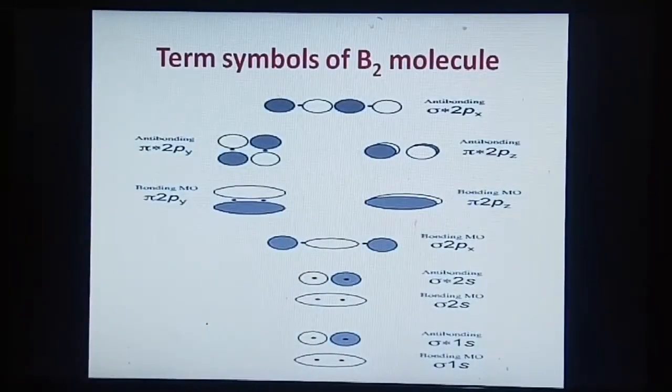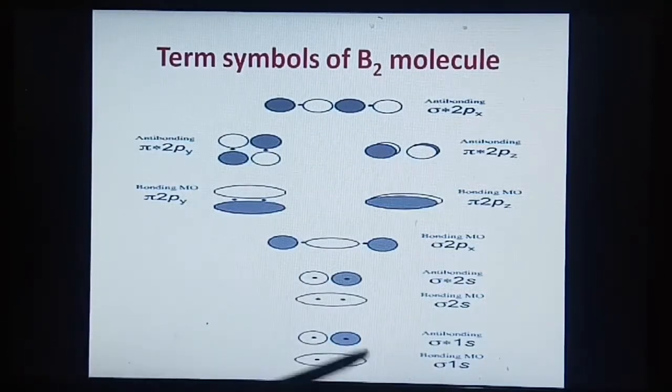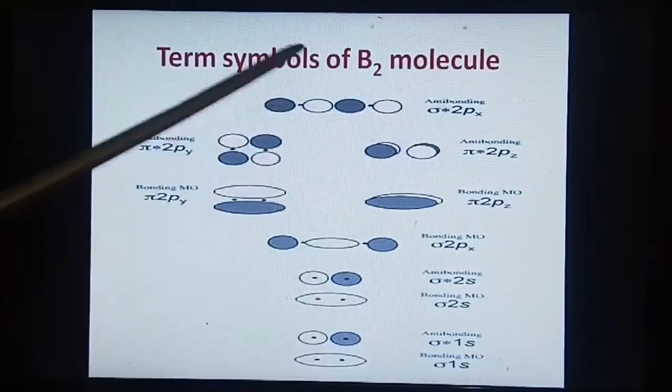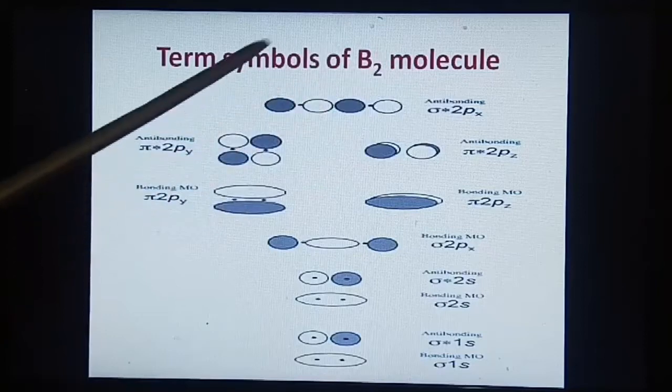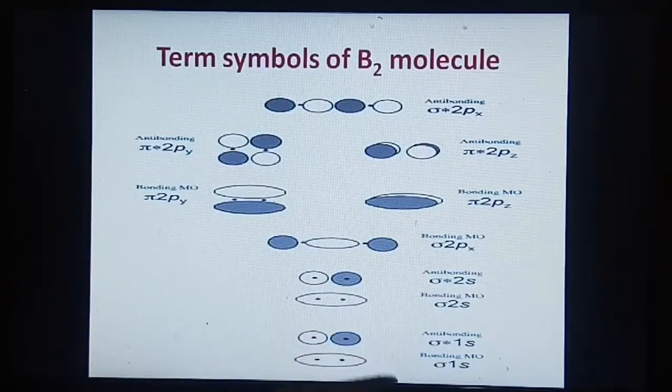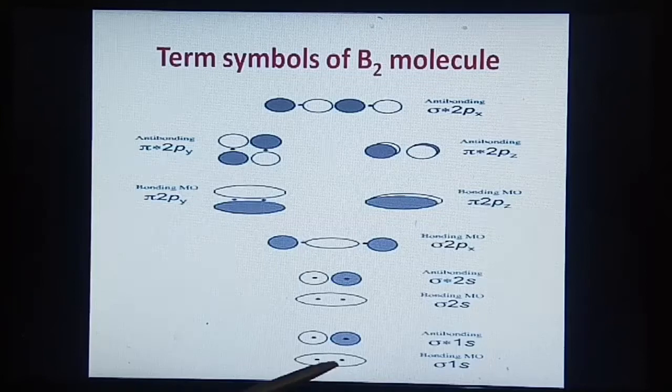Here we can explain all of these taking the hydrogen atom, where both the electrons are here. This is again the molecular orbital diagram of the orbitals. If we explain about H2, then both electrons are in these orbitals.